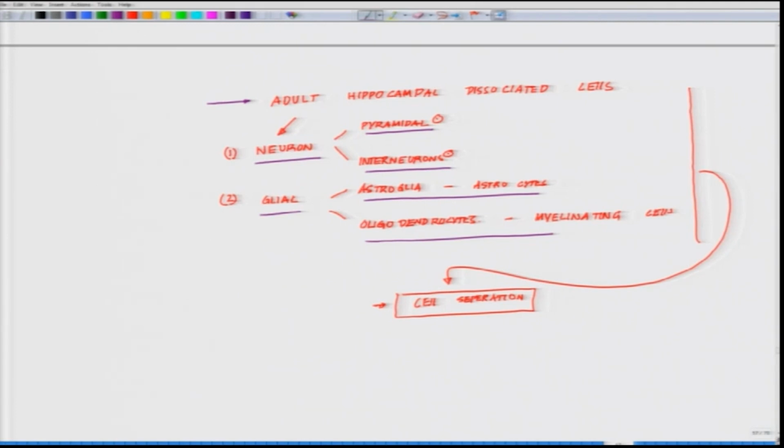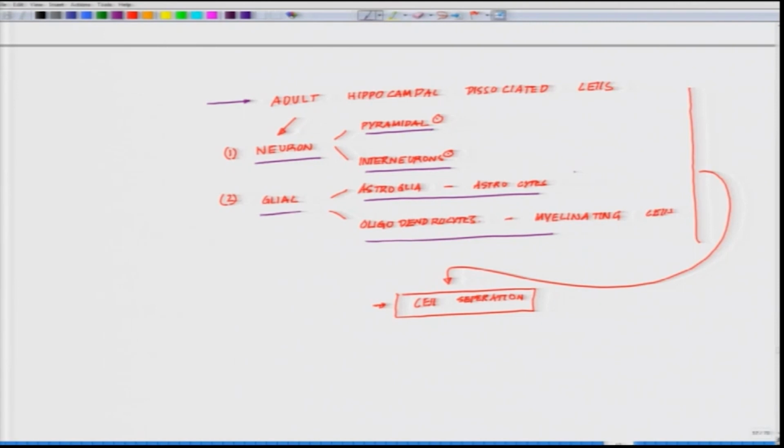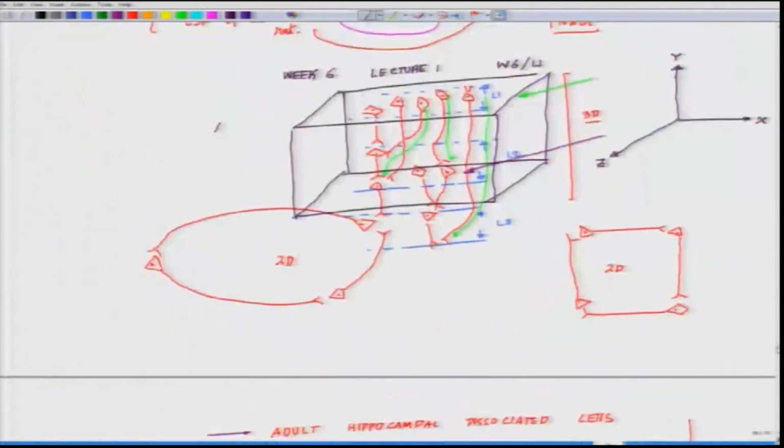Now, when you have to make a culture, in real life, these cells are all sitting together. So, if you see the network, the network is something like this. So, within this network, now I am introducing, imagine this is the 3D network.